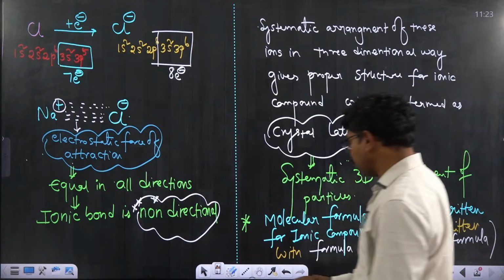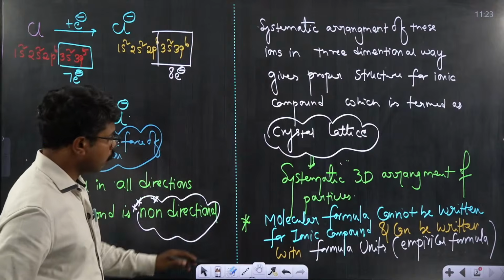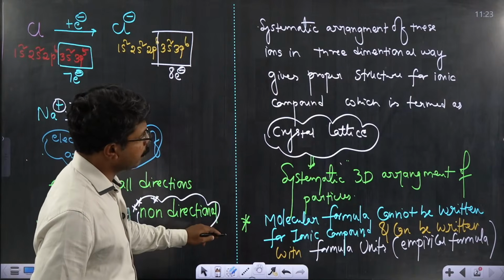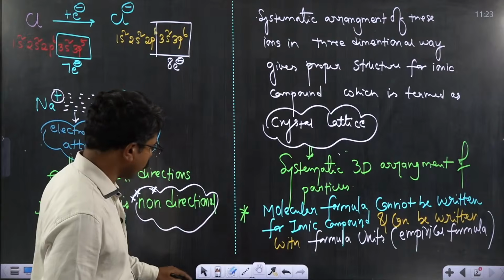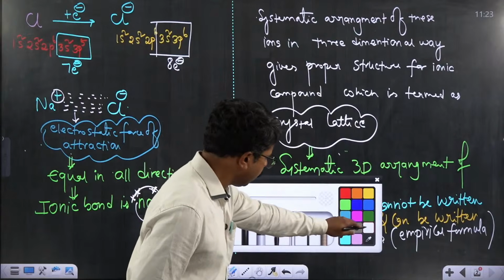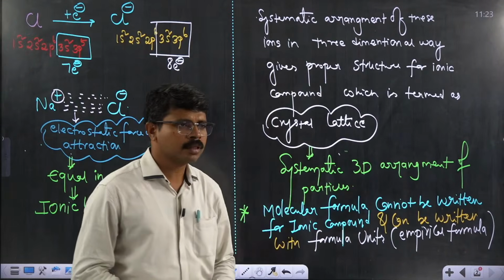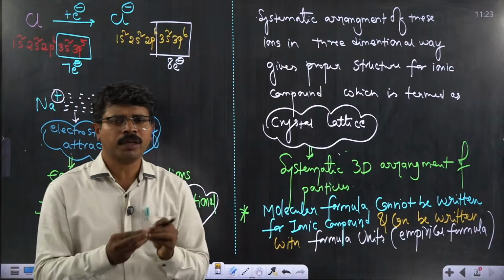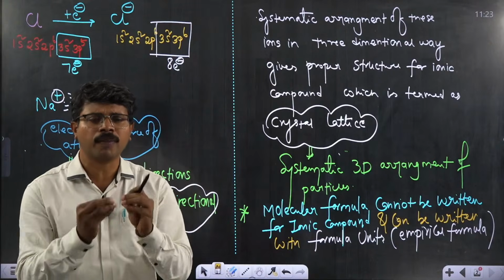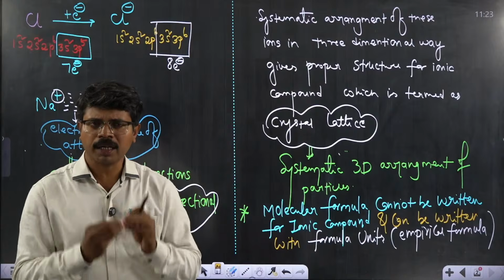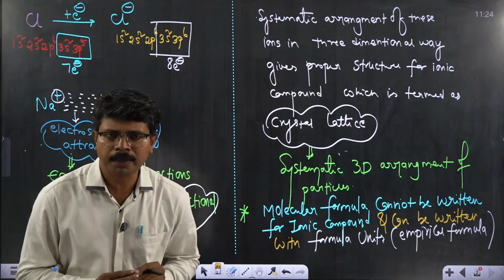I have given three terms over here. One is molecular formula, the second one empirical formula, and the other one formula unit. As we know very well, in ionic compounds, the smallest unit of ionic compound is considered to be formula unit. In case of ionic compounds, molecules will not be present.